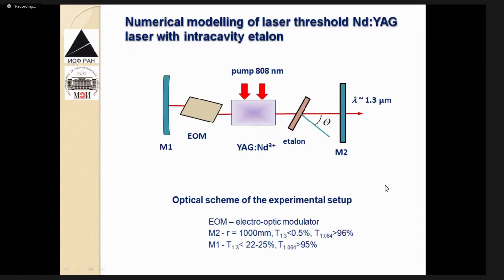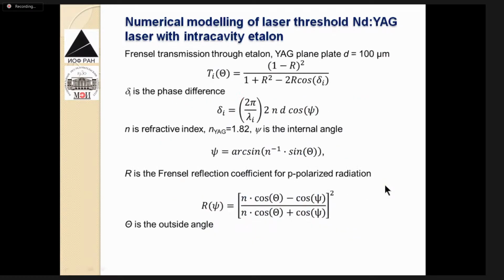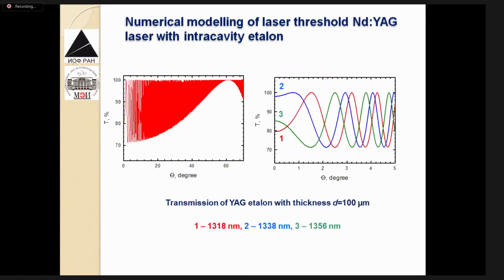and the output coupler. What is important, we made some numerical calculations, and we considered the transmission through the etalon at different angles, transmission due to just Fresnel reflection. And here are some formulas that I'm sure everybody knows.